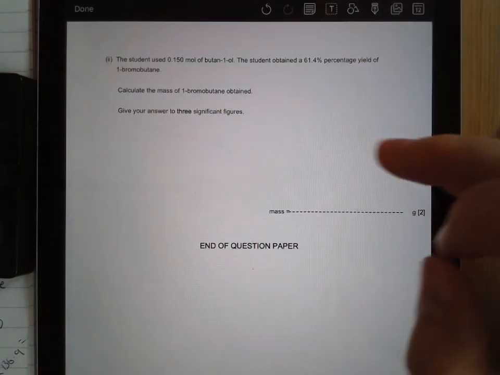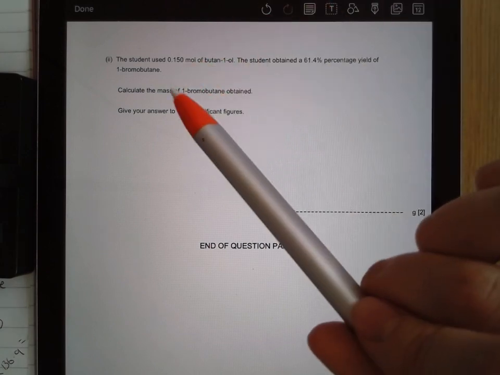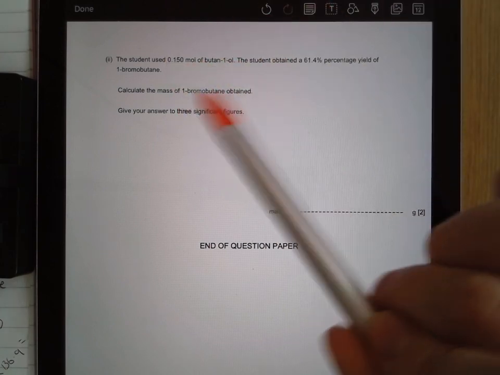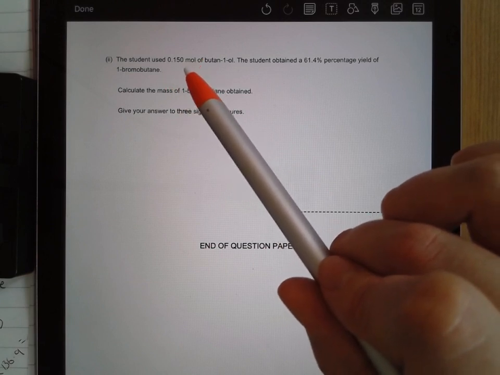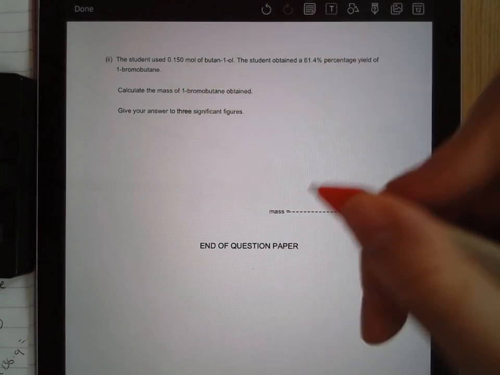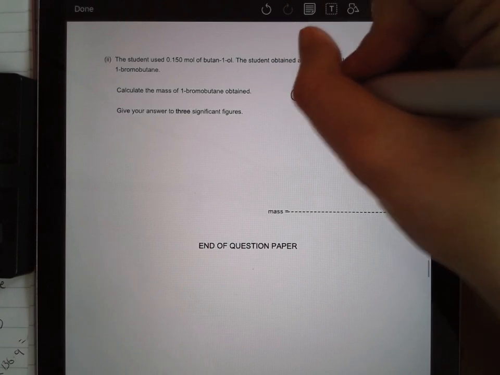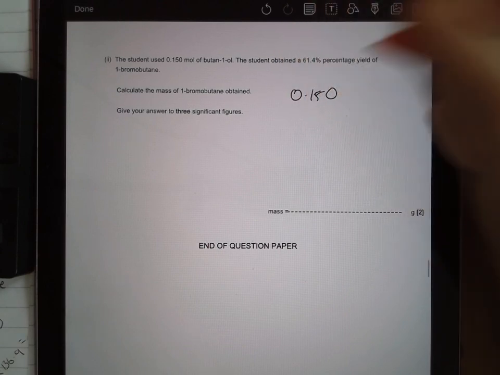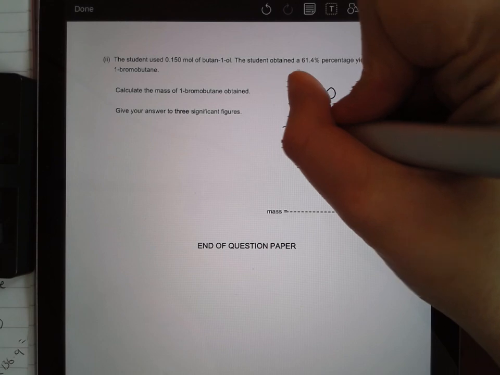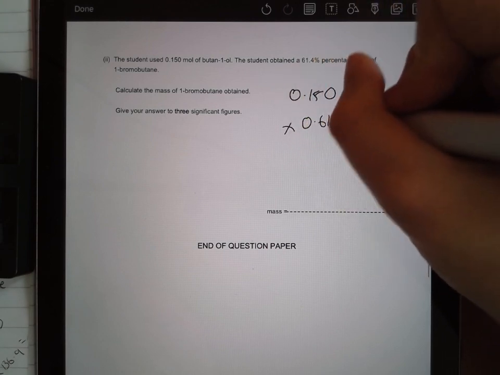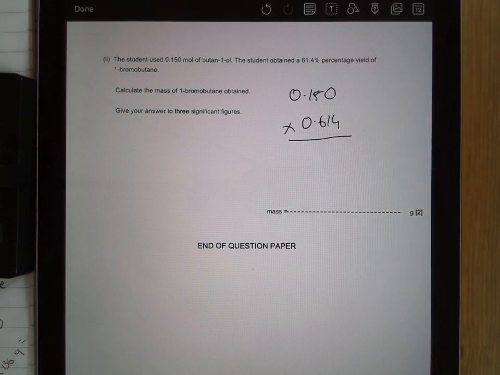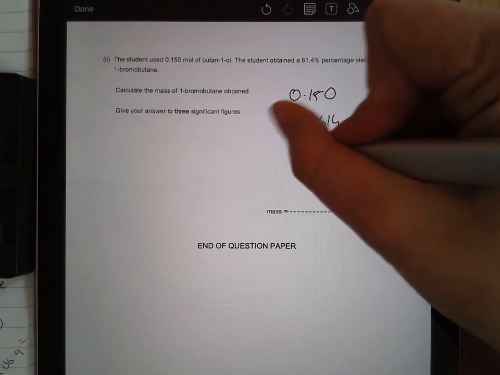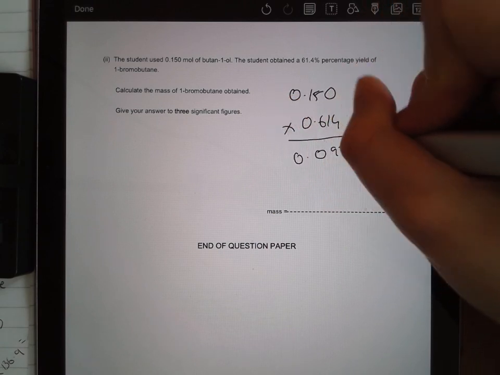If you were to write out the equation for this reaction, you would see the ratio between starting material and product is 1:1. So if you're starting with 0.150 moles, you should be getting 0.150 moles, but they tell you that you're only getting 61.4%. So 61.4% of 0.150 is 0.0921.